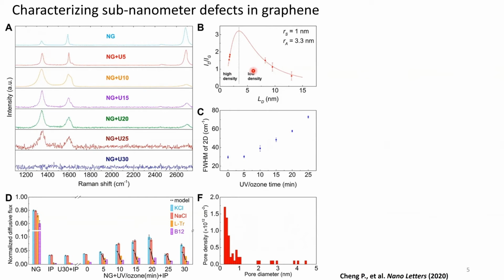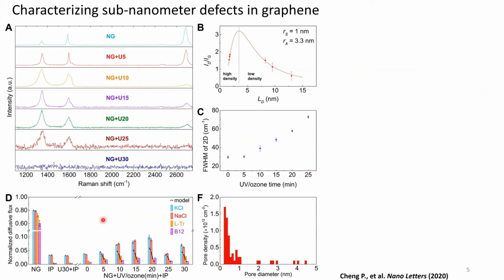Now, we transition from a low-density defect regime to a high-density defect regime with increasing UV ozone times, as extracted from the ID to IG ratio, and then we can calculate the interspacing between the defects. In addition, the full width at half maximum of the 2D peak also continuously increases with increasing UV ozone time.